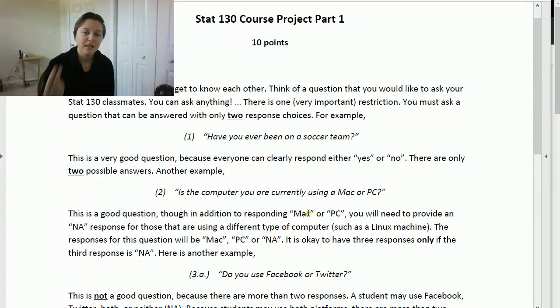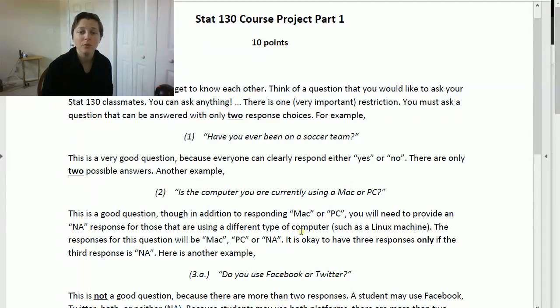Now, if you're using a different type of computer, you would say, well, that question is not applicable to me. So you can have a catch-all NA response. Not all of your questions are going to need an NA type response, but if you do need that, your question may have that type of response as well. So you can have at most 3 responses, but the third one has to be just an NA type response.